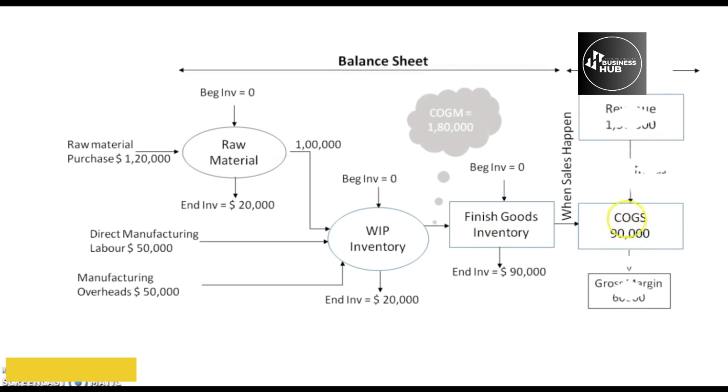And here is the relationship: whatever revenue you have generated over the last one year by selling these products comes over here, and subtracting COGS from that revenue will give you the gross margin. This is how it comes in the P&L statement, whereas the things that are on the left side of the screen go into the balance sheet, that is, inventories, this one as well as this one.